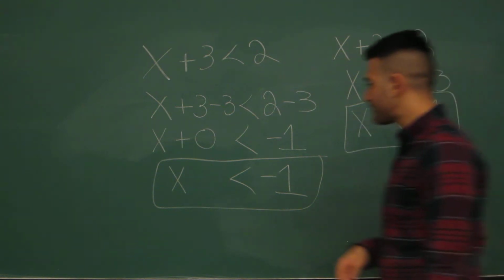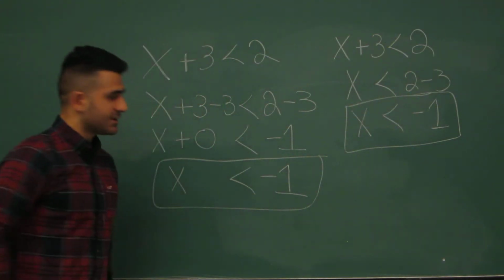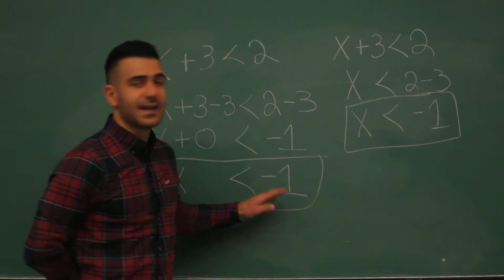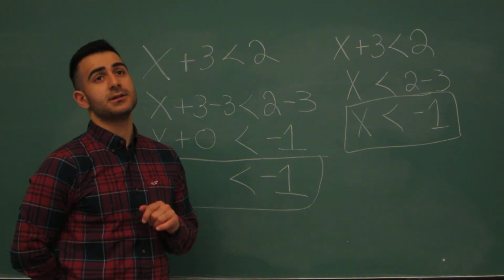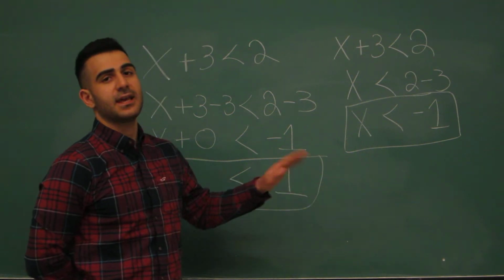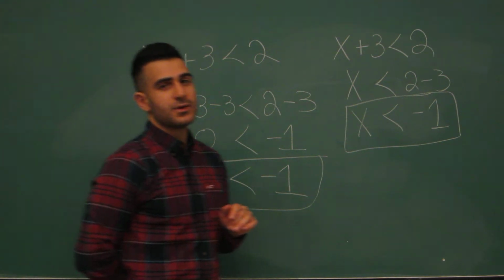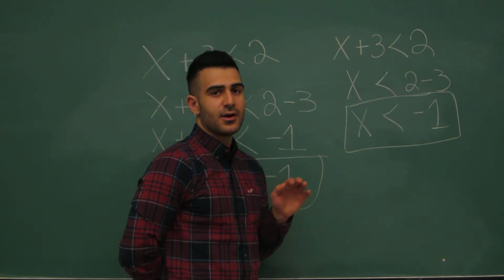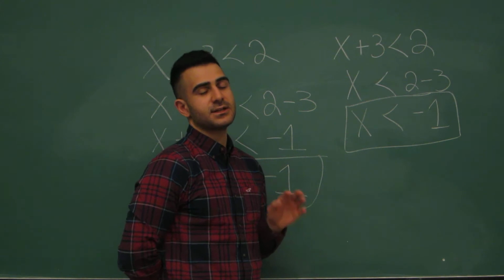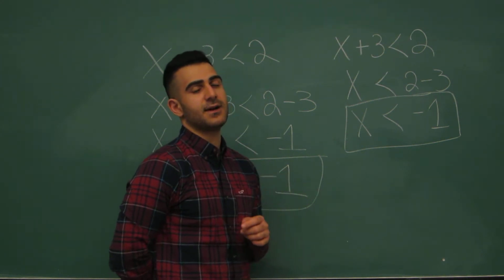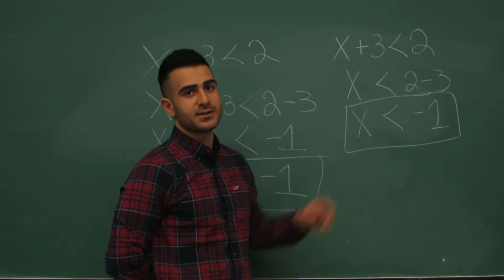Now, here is the subtlety for algebraic inequalities rather than equalities. When we had an algebraic equality, usually x could take on 1 or 2 different values. It could take on only a specific number of values that would satisfy the expression.